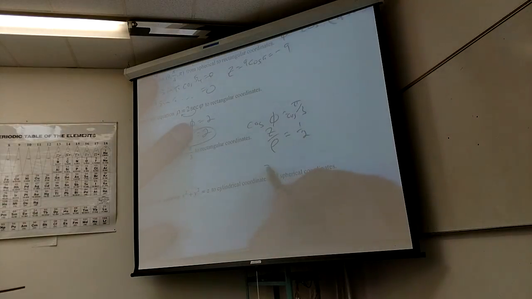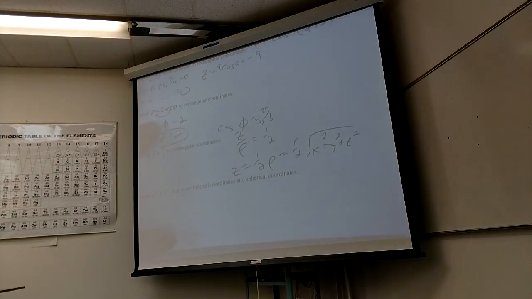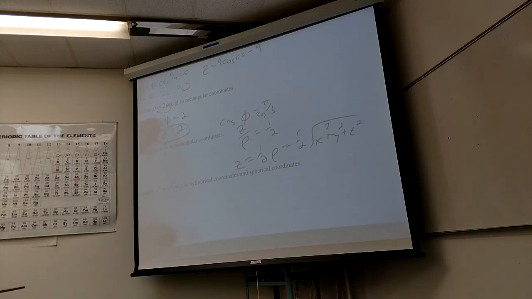So z equals 1/2 rho. Well, that's as far as I'm going to ask you to do it right now, but you can imagine you could square both sides, get your z stuff together, get a slightly better equation for that. That's plenty. You guys see that? Is that cool?